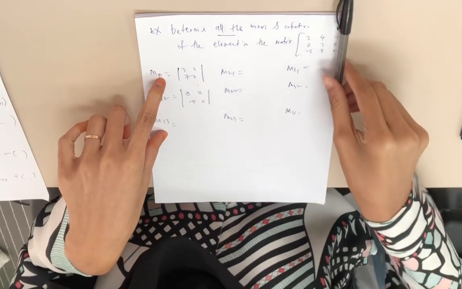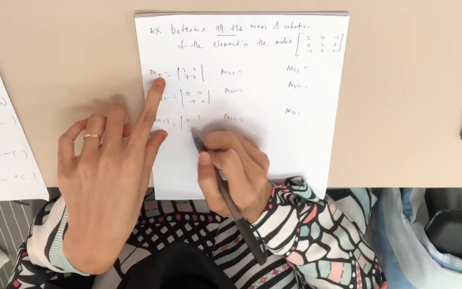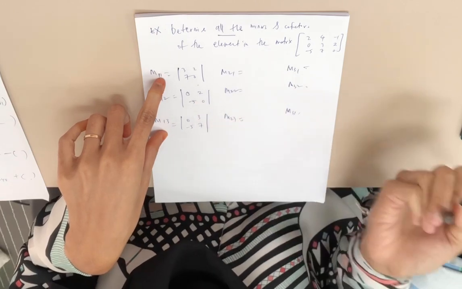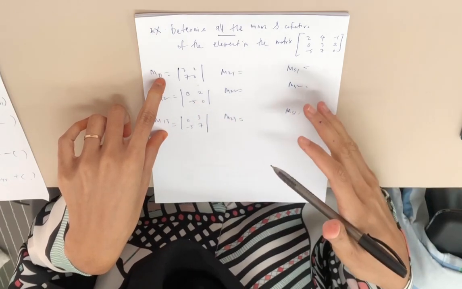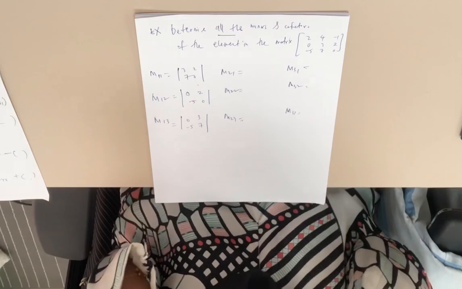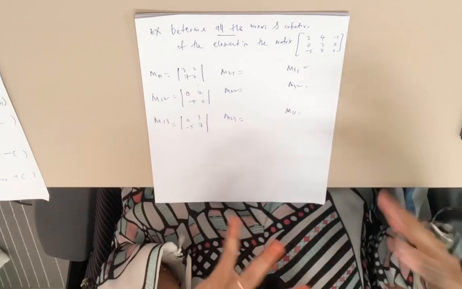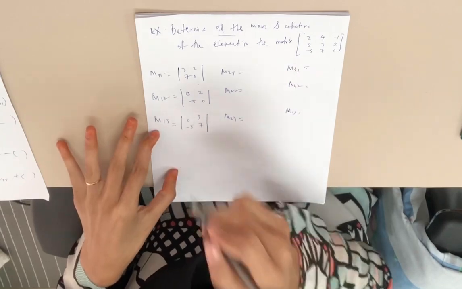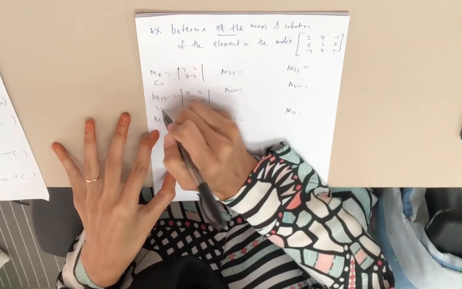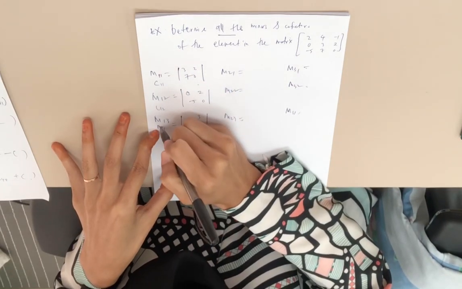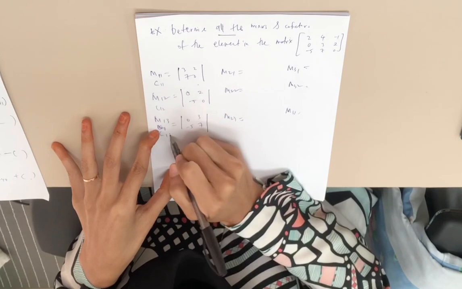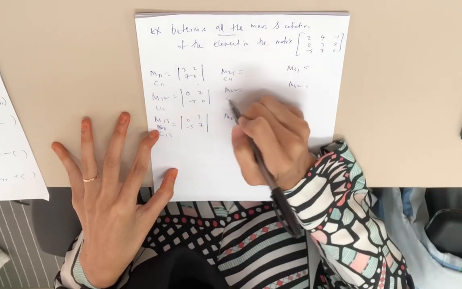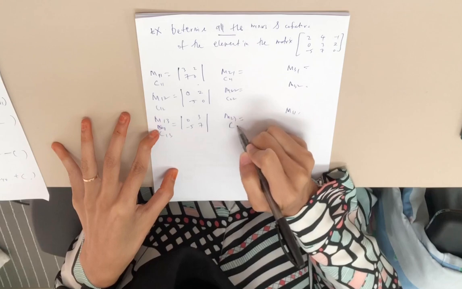Row number 1, column number 3, you have 0, 3, negative 5, 7. I leave it to you to fill out all the values. Then don't forget to find your C, the cofactor, for each. You need to find your C also.